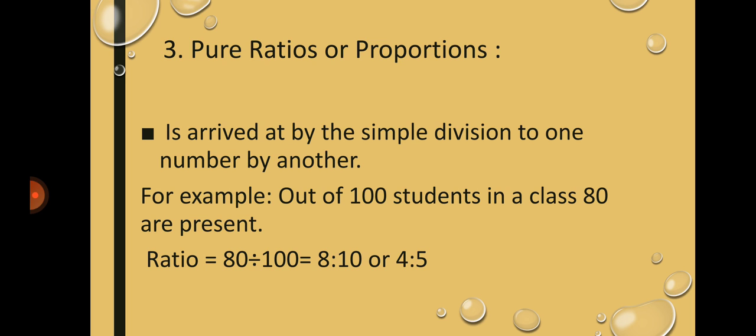Now 80 students are present out of 100, so 80 divided by 100 is equal to 8:10, or you can mathematically calculate this and simplify, and the answer will come 4:5. So this is called pure ratio or proportions. Depending upon which ratio you are calculating, you can use any one of the modes of expression.